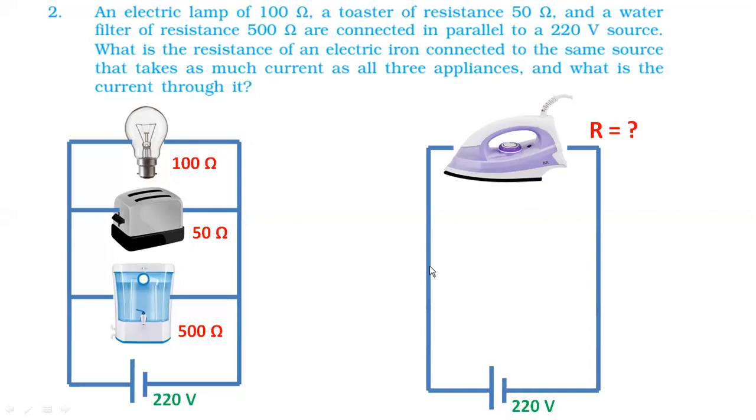Next thing they are saying is that the current is the same, whatever is flowing through these three devices is also flowing through this iron. So let me show that whatever the current is flowing through these three devices is also flowing through this particular electric iron. So I have shown that current also. So that means if we find out the total parallel resistance here, the RP value, then we can find out this current. Okay, we will get the current.